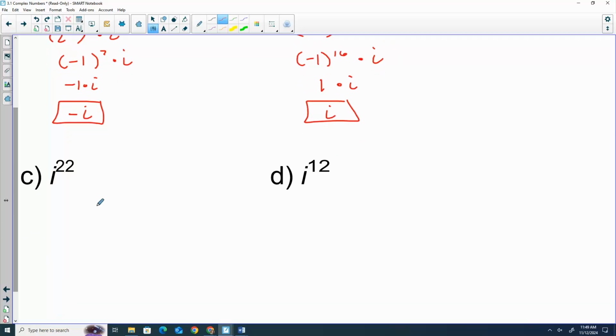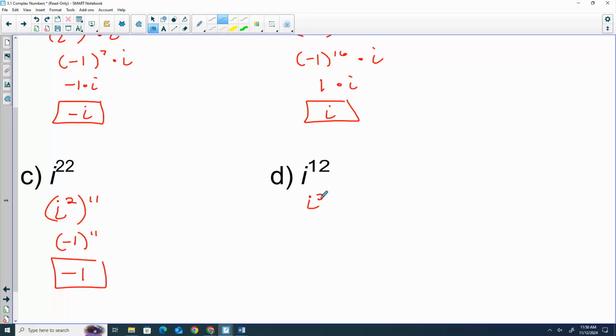If I said i to the 22nd, how many groups of 2 can we form? Are there any left over? i squared is negative 1 to the 11th, an odd number of negatives. i to the 12th.